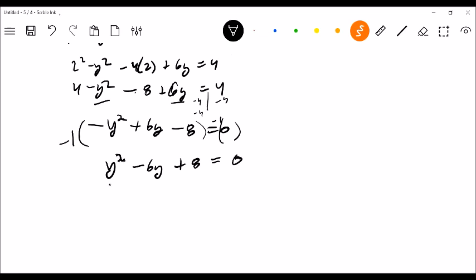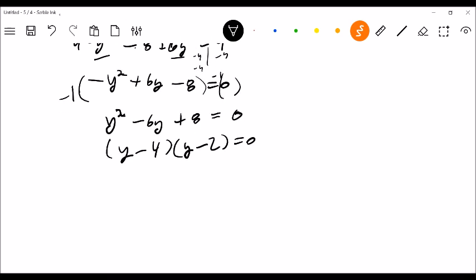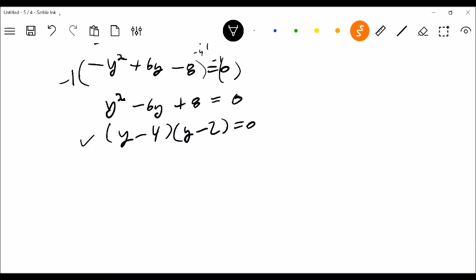So what that does now for us is, can I factor it? Well, let's see, two numbers multiplying to 8 and adding to 6 could be a 4 and a 2, and if they were both negatives, they would make a positive 8. They would add to a negative 6, so this is good. So y minus 4 equals 0 and y minus 2 equals 0, so y is 4 and 2.